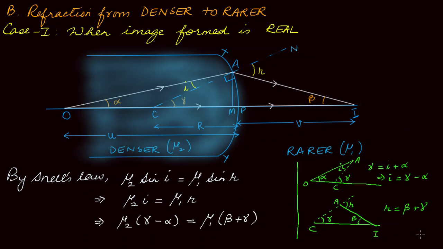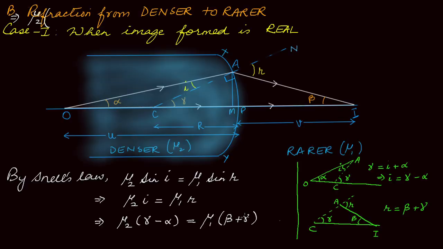Okay, so this implies mu2 times, instead of gamma I write tan gamma, instead of alpha I write tan alpha. So this will be mu2 times tan gamma minus tan alpha.